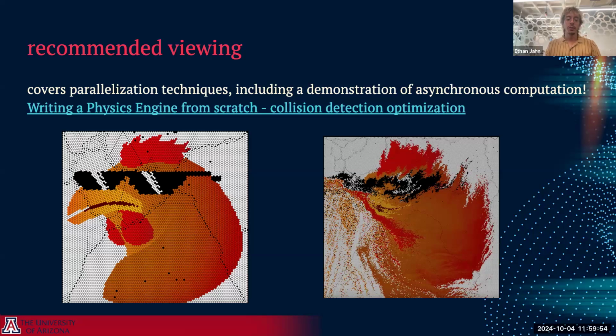On the left, you see the simulation being rerun in serial, meaning it was a deterministic execution that was able to recreate the image of the chicken. And on the right-hand side, you see a version of the code that was rerun in parallel, which then distorted that image of the chicken because of the non-deterministic execution.